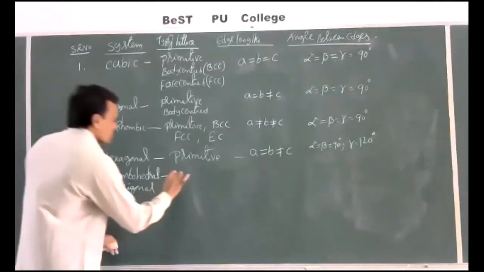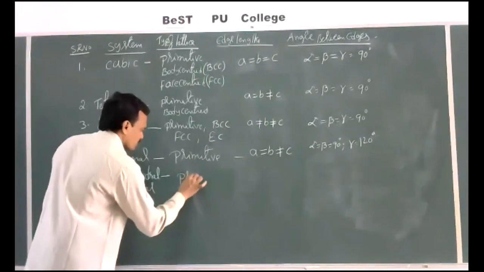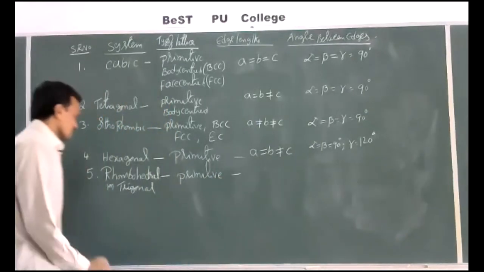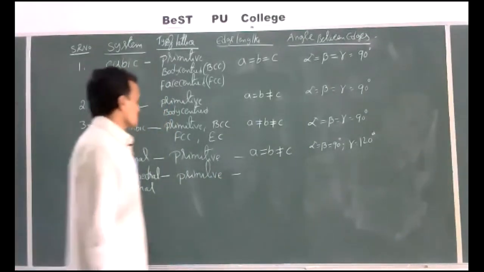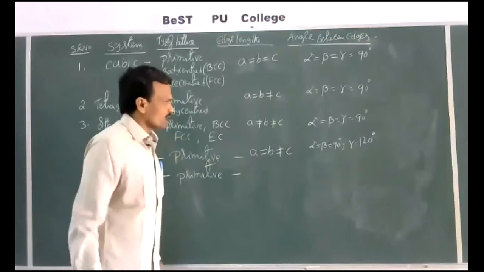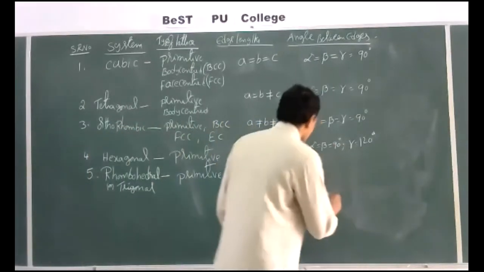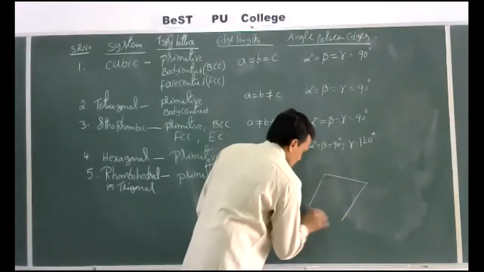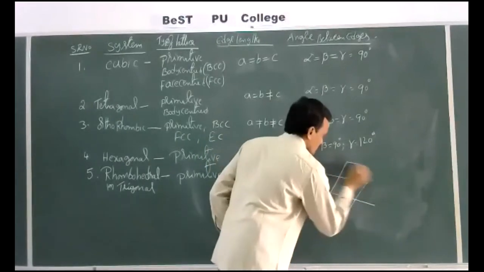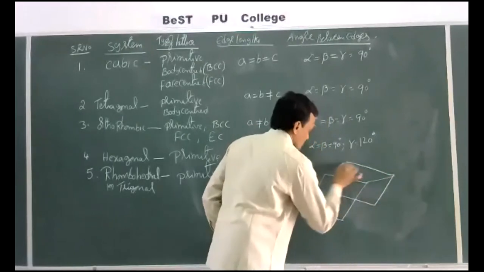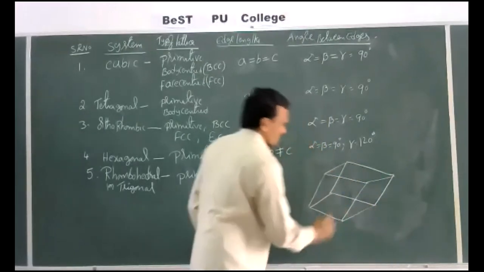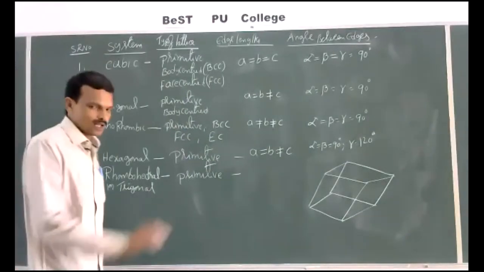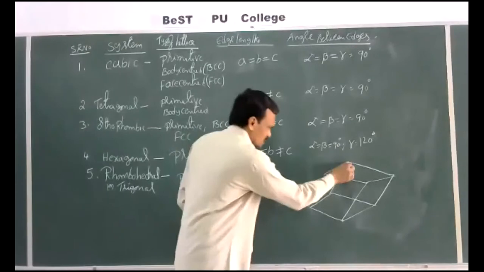So this is also having only one unit cell, that is a primitive unit cell. So then what is this rhombohedral? Yes, I'll show the diagrams here now. Like this it will be. Not a cube, this is just a rhombohedral. I will show a clear diagram on the screen.